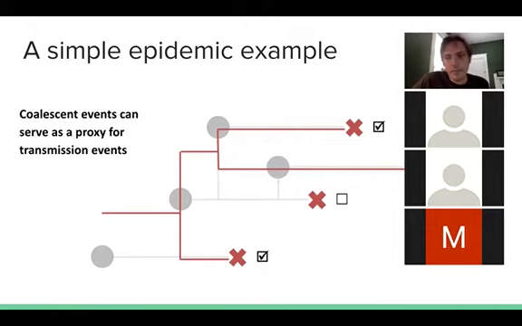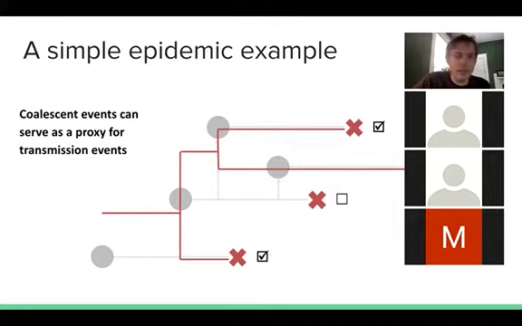Our fundamental bit of theory here was that the coalescent events, or the branching events that we observe in the phylogeny, could be thought of as transmission events occurring between hosts, when we sampled both of the descendant lineages arising from a particular transmission event.